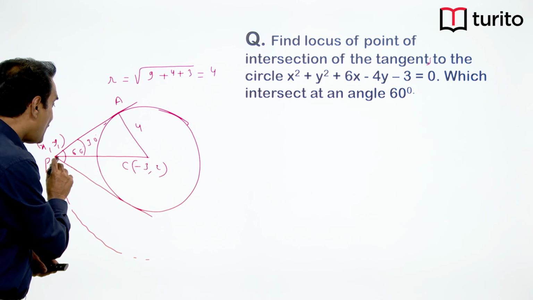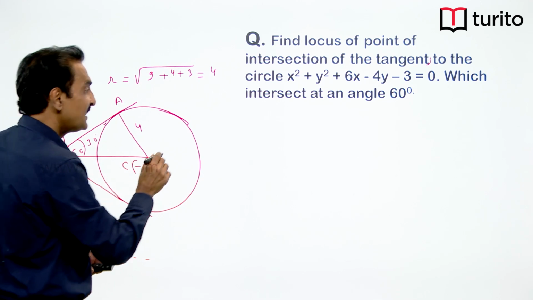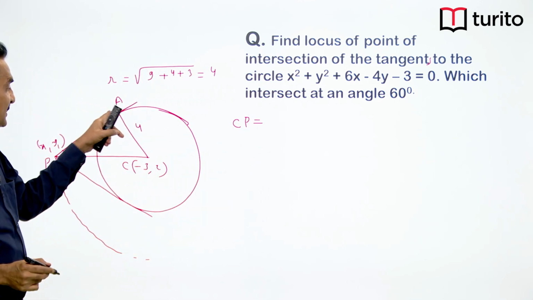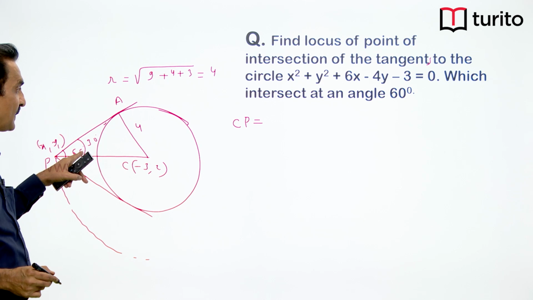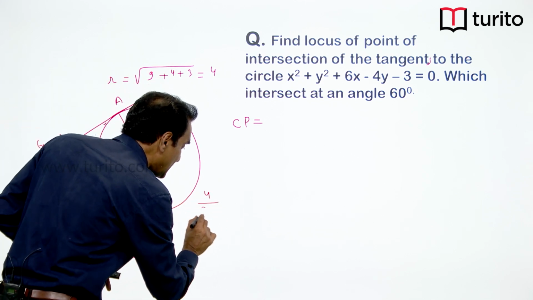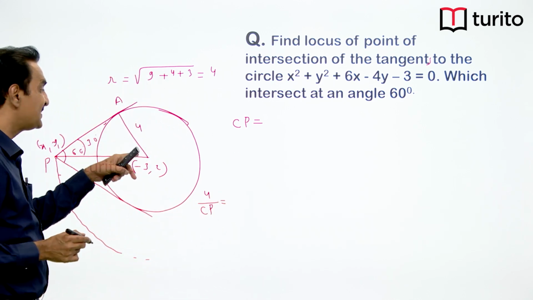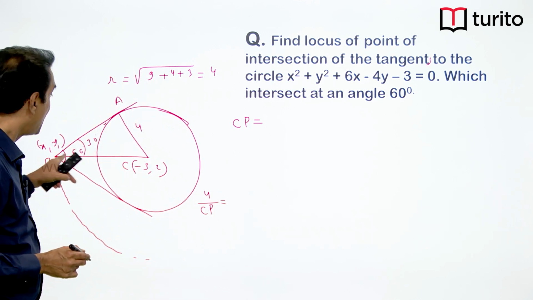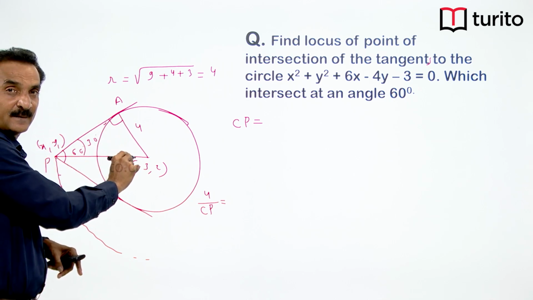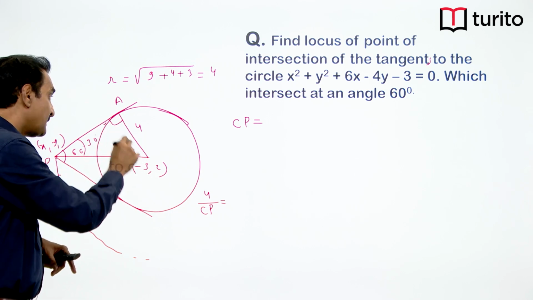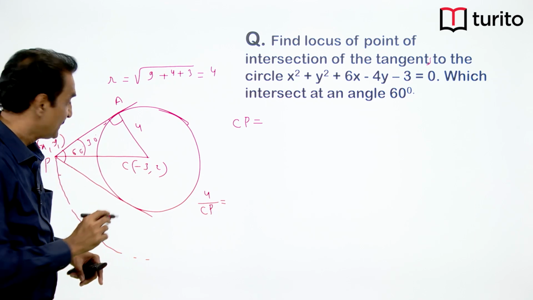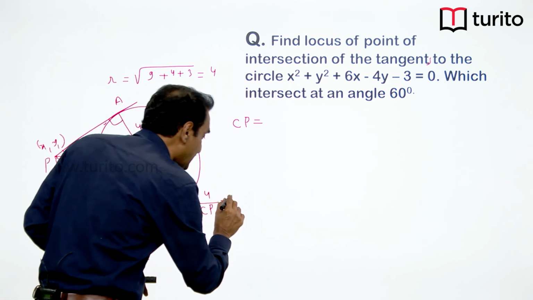Okay. Now I want PC or CP. In this triangle, you know the opposite side and this angle. So you know that 4 by CP is opposite side by hypotenuse, because this angle is 90 degrees. This is a right angle triangle. So 4 by CP will be sin 30 degrees. Opposite side by hypotenuse is sin 30 degrees.